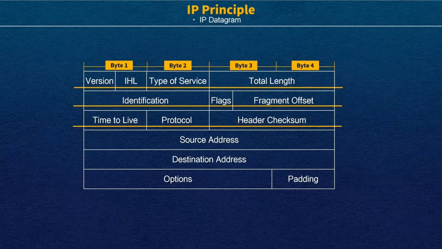We use these values to indicate the different protocols. For example, if the protocol value is 1, that means we encapsulate ICMP. If the protocol value is 6, that means we encapsulate the TCP protocol. So something like this. And the next part is the header checksum.